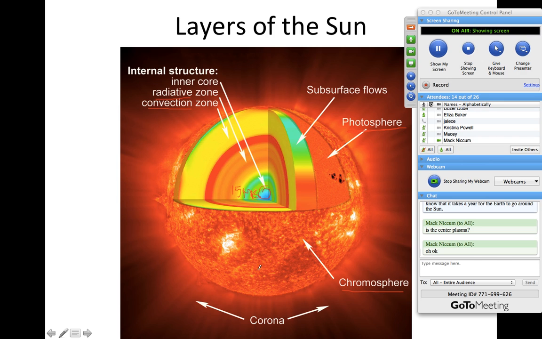The surface of the sun that we normally see is the photosphere, the lighted, illuminated area of the sun. And the corona is emissions of rays that go away from the sun for thousands of miles, and is very, very large. So those are the layers that we have on the sun.